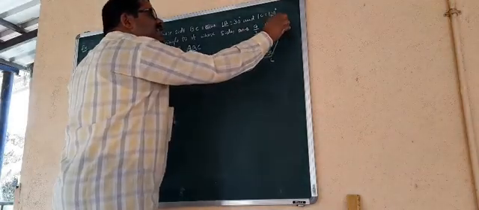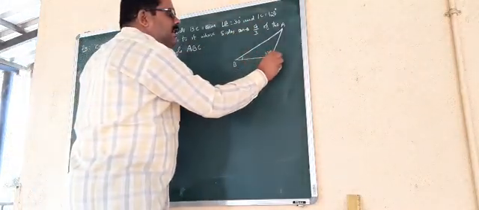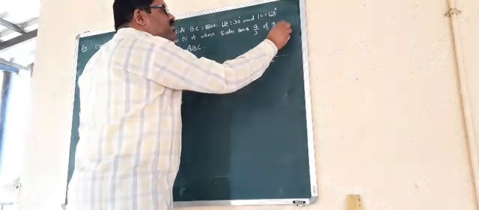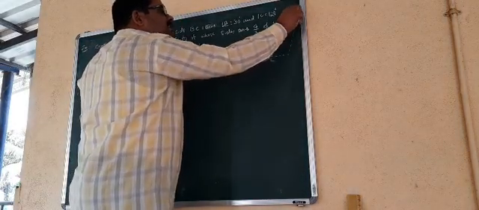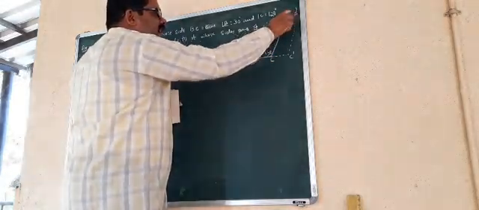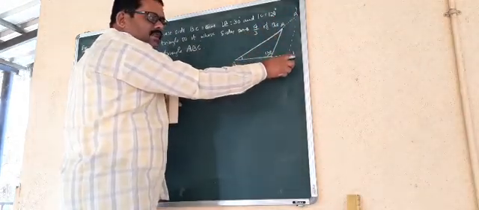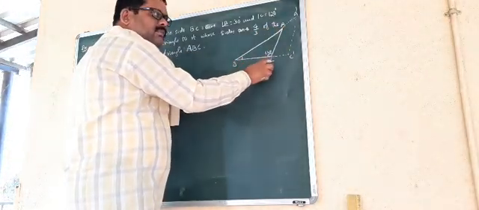Here point A is there. So, triangle ABC. The similar triangle will be outside the given triangle. It looks like this. Here A dash is here and C dash. The triangle A dash B C dash will be similar to the given triangle ABC.